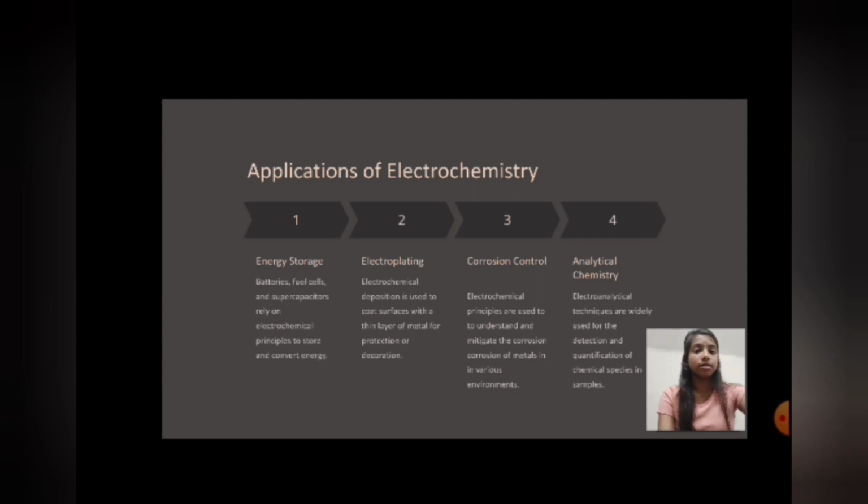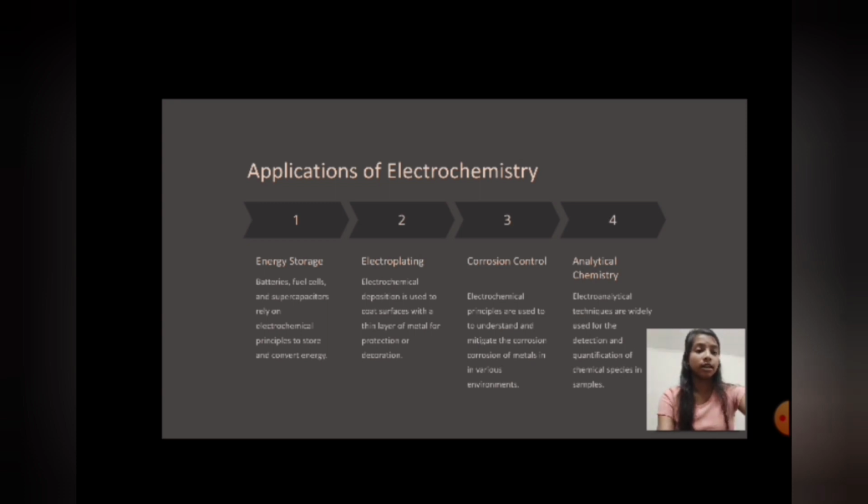Applications of electrochemistry: energy storage. Batteries, fuel cells, and supercapacitors rely on electrochemical principles to store and convert energy. Electroplating. Electrochemical deposition is used to coat surfaces with a thin layer of metal for protection or decoration. Corrosion control.